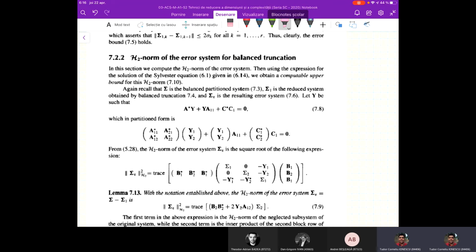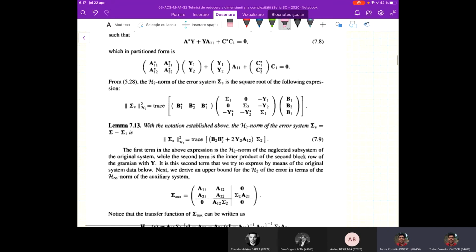There's also a discussion which we haven't made, about the H2 norm of the error system. So we have the infinity norm of the error system, and we can also have the H2 norm of the error system. And you can do that using a specific Sylvester equation, which you have to look up. But this is interesting.